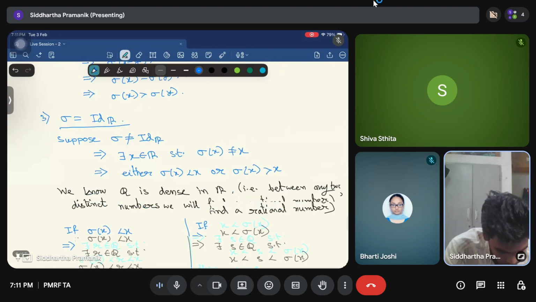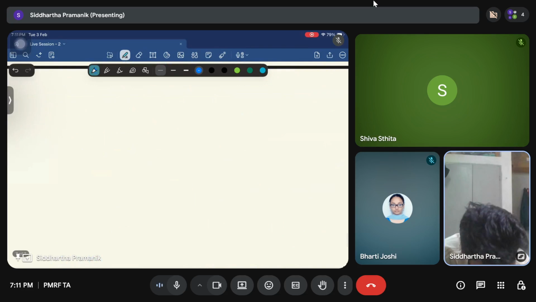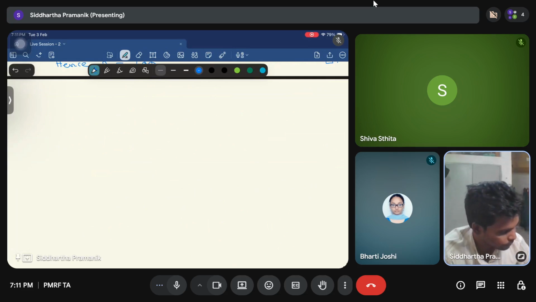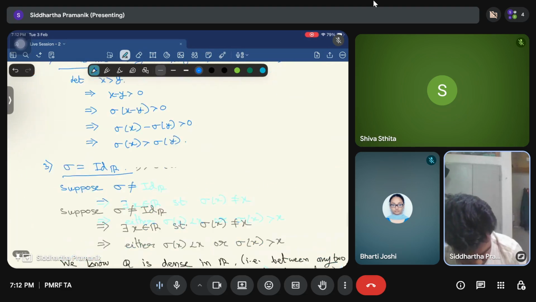Okay, so this is the automorphism of R over Q. Okay, let's do one more automorphism problem. So here, this is problem number 6.